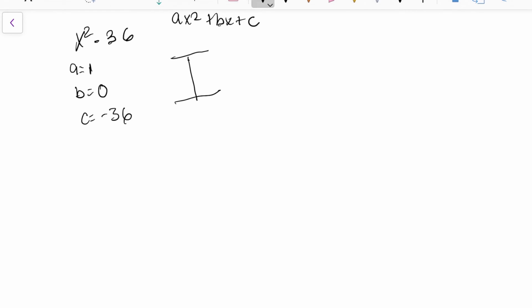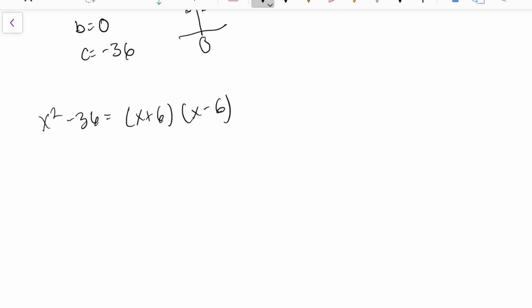So the number that goes on top is a times c, which is negative 36, and the number on the bottom is 0. So the two numbers that we can multiply to equal negative 36 are negative 6 and 6, and if we add those they equal 0. Thus the factorization of x squared minus 36 is equal to x plus 6 and x minus 6.